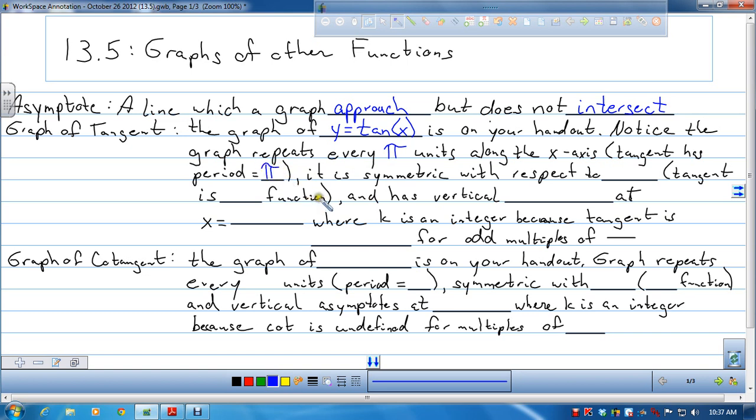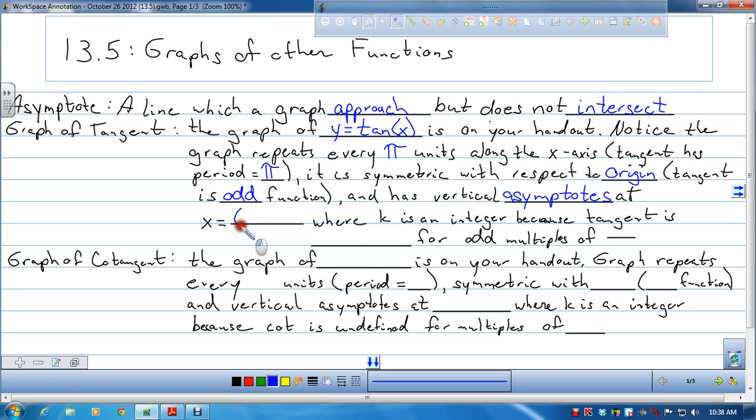It is symmetric with respect to the origin, which hopefully you know makes it an odd function. Remember, if it is symmetric with respect to the y-axis, it is an even function, and tangent would be an odd function in this case. Those vertical asymptotes are located, remember they are vertical lines, so they are x equals some value.